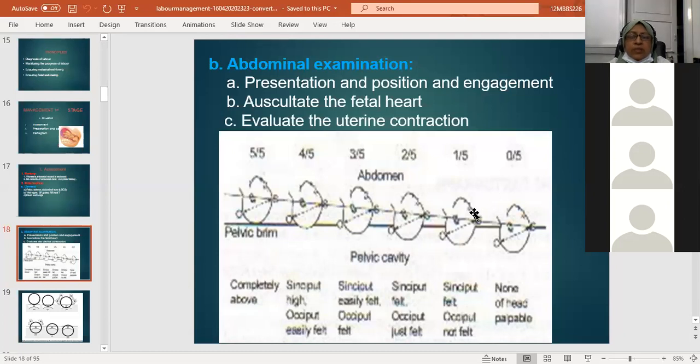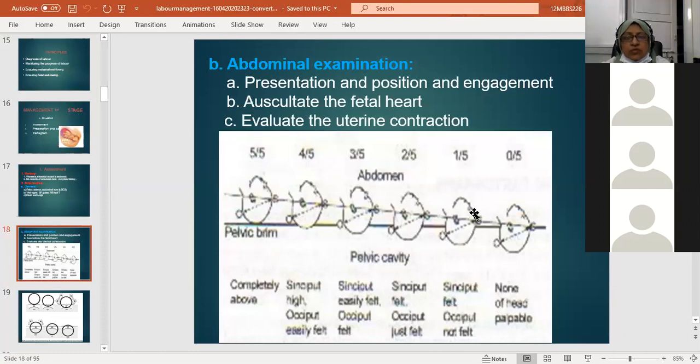At the same time, by abdominal examination, we evaluate the uterine contractions: how many there are, what is the frequency, and what is the duration of the uterine contractions. For normal labor, for good uterine contractions, there must be at least 3 to 4 uterine contractions, and each contraction should last for 40 seconds.